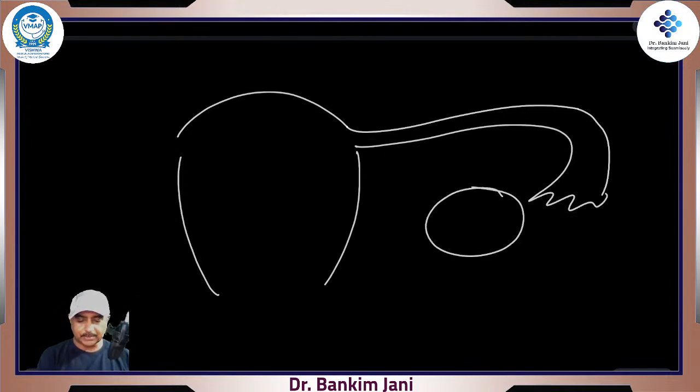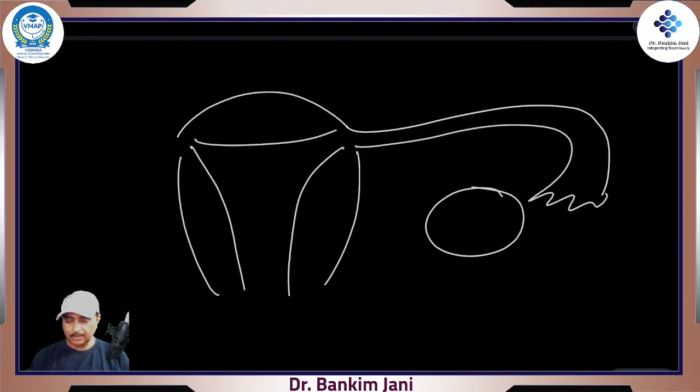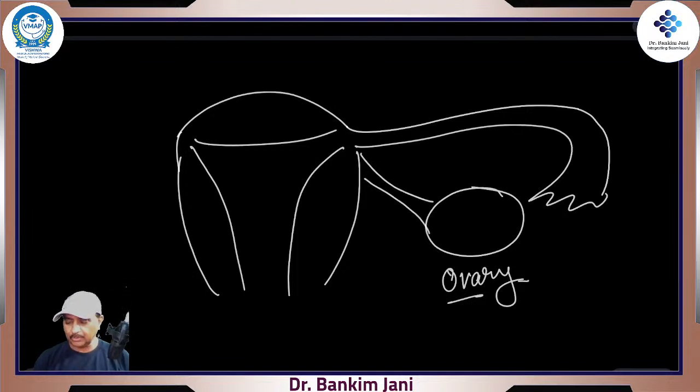So this is the uterus. So we know that from the ovary at a regular interval every month, the ovum would be released. That ovum which would be released would be captured by this fimbrial end. So this is what is called the fimbrial end, correct? Fimbrial end of the fallopian tube.